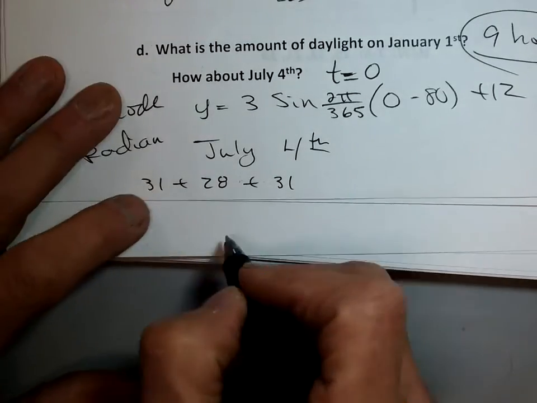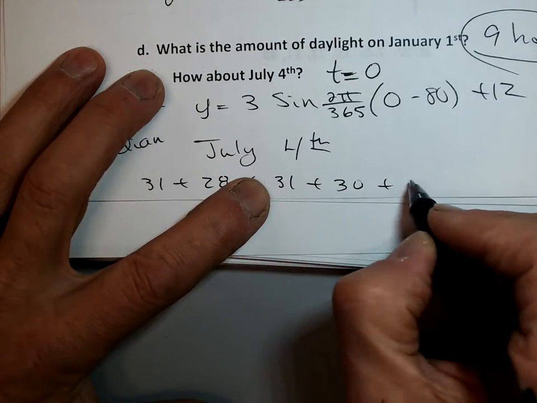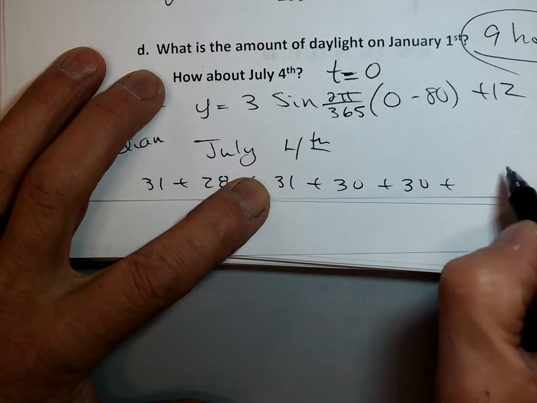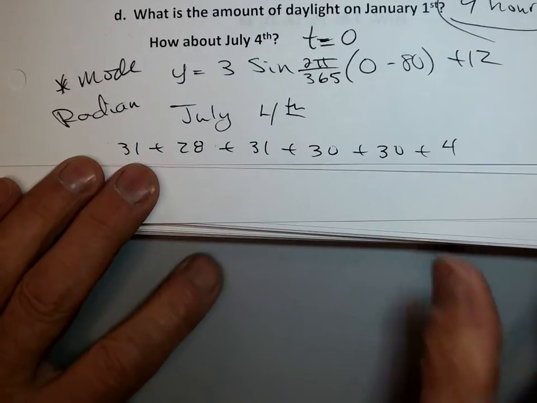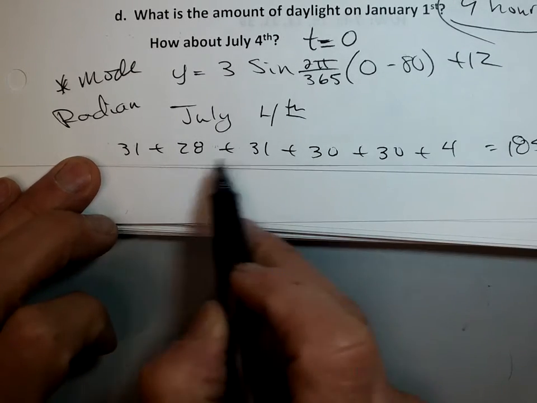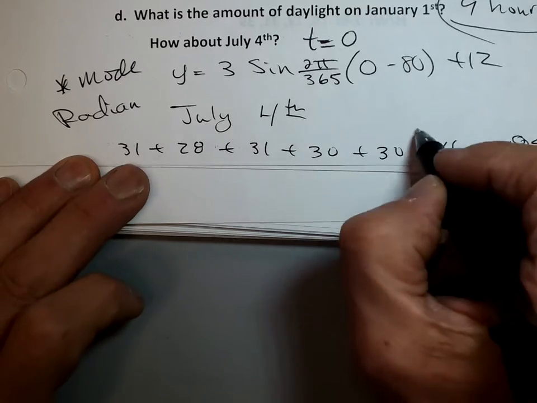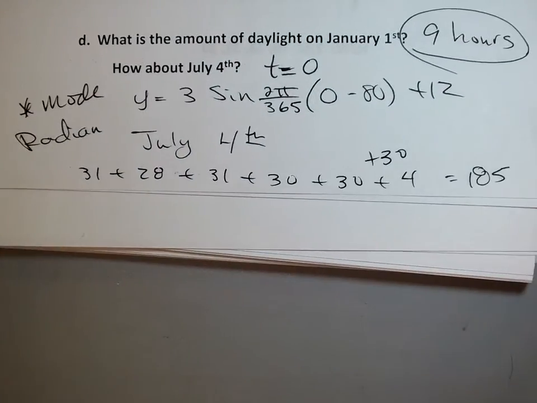January, February, March, April, May, plus 4, right? What'd you get, 180? Wait, did you forget June? January, February, March, April, May, June. Thanks, Makaiwa. Okay, so let's figure out what 185 is.